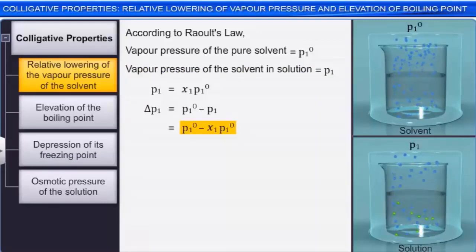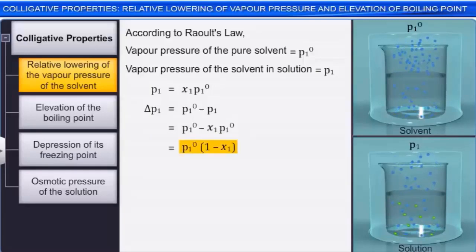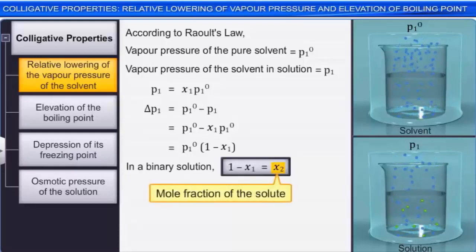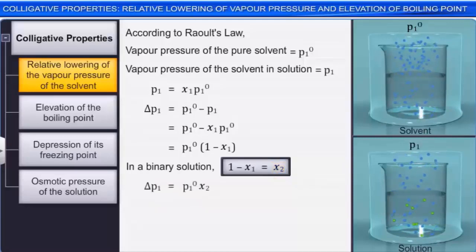Rearranging the terms, we get delta P1 is equal to P1 naught multiplied by 1 minus X1. In a binary solution, 1 minus X1 is equal to X2, that is, the mole fraction of the solute. Therefore, the lowering in vapor pressure delta P1 is equal to P1 naught multiplied by X2.